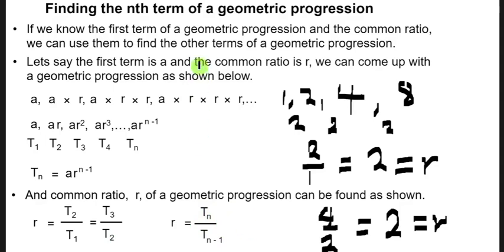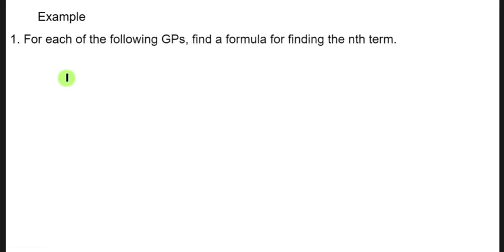So let's look at an example here. In this example, we are told 1, for each of the following GPs, geometric progressions, find a formula for finding the nth term.